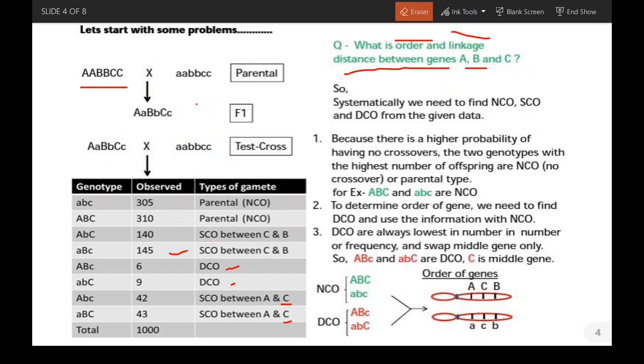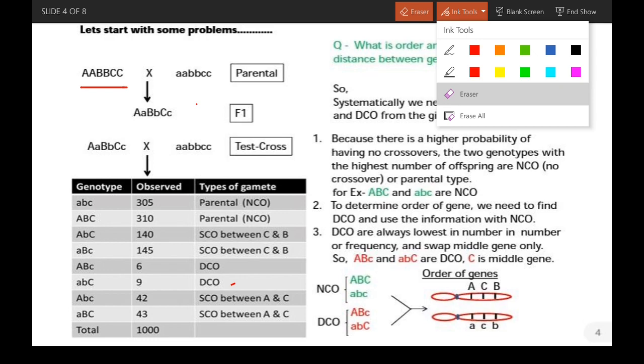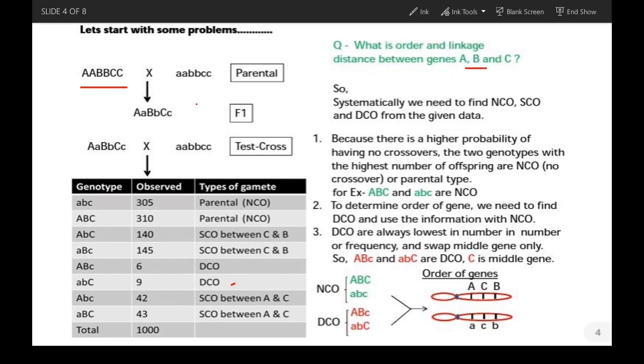How will we solve this question? We know that in a double crossover, DCO, the middle gene is swapped, right?